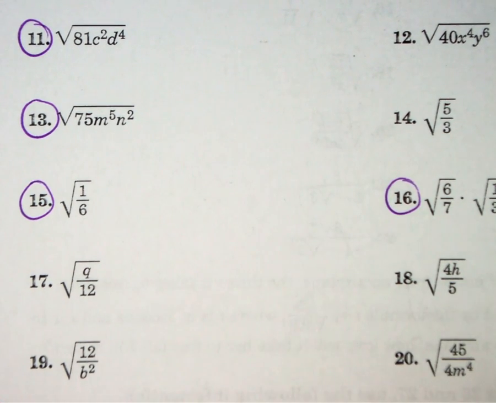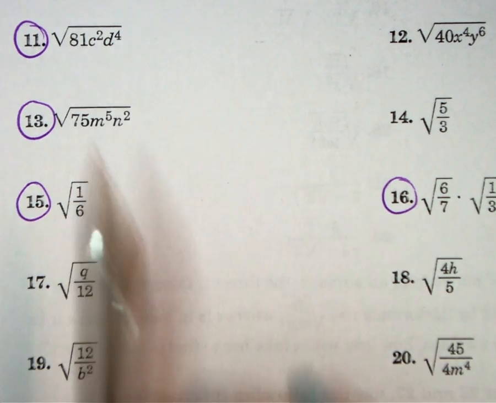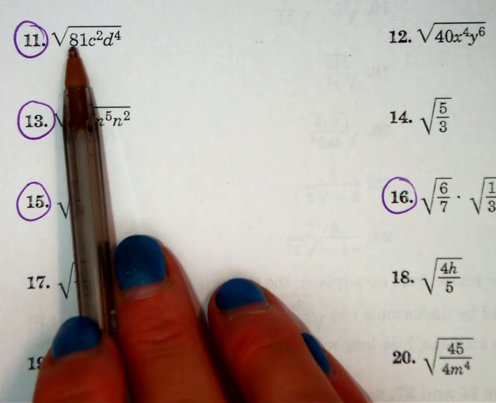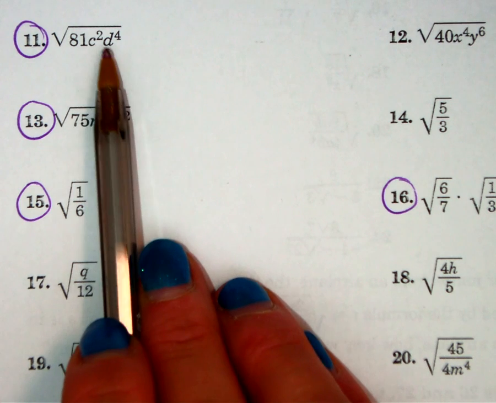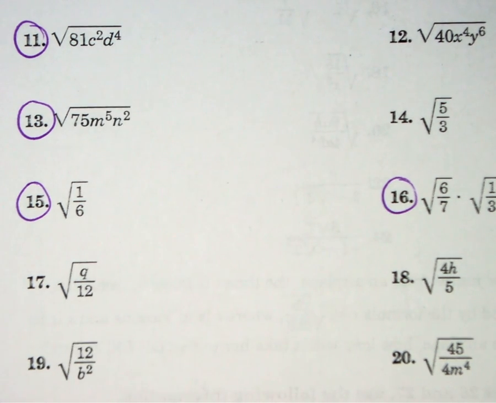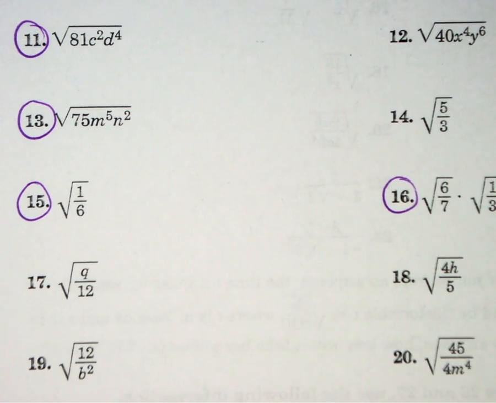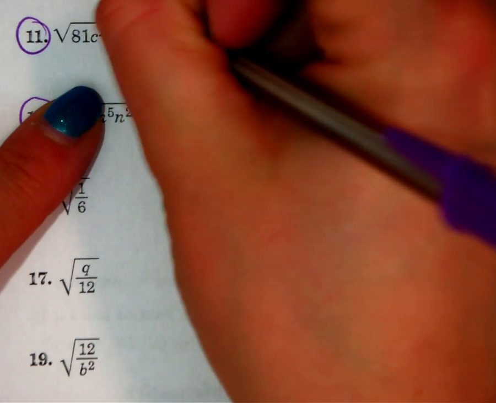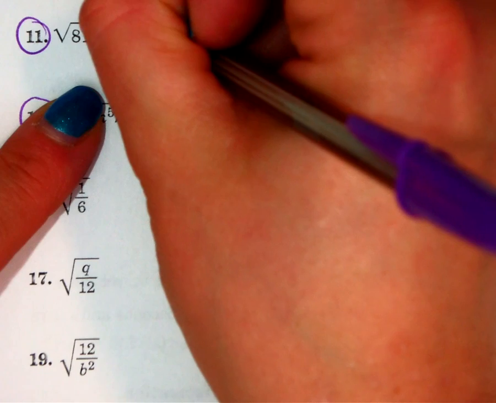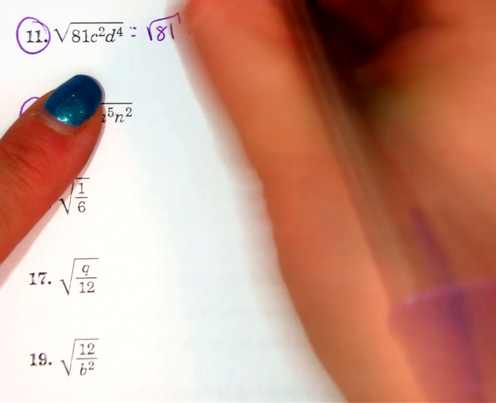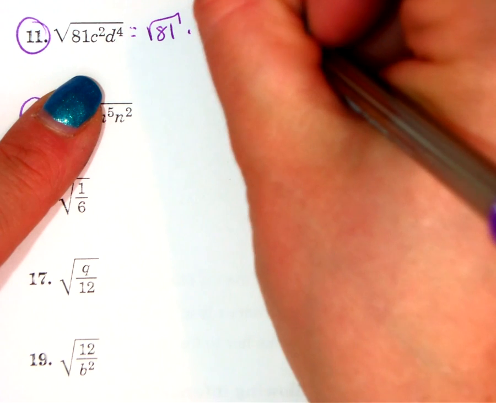So zooming in a little bit. You're still going to want to break this apart. Because remember, 81c squared d to the 4th is the same thing as 81 times c squared times d to the 4th. And when you have multiplication, you can break it apart into separate roots. So this can break apart into the square root of 81 times the square root of c squared times the square root of d to the 4th.